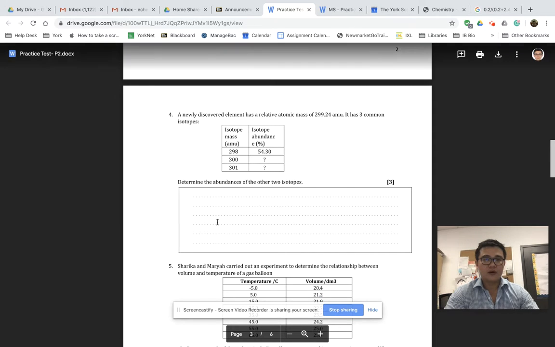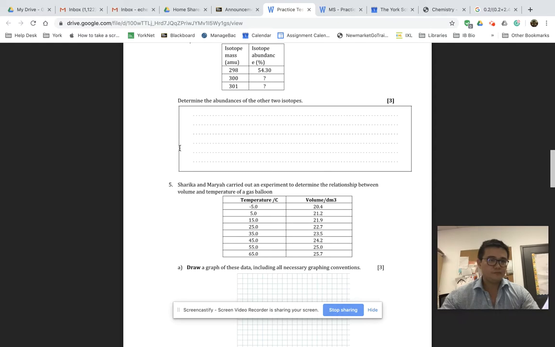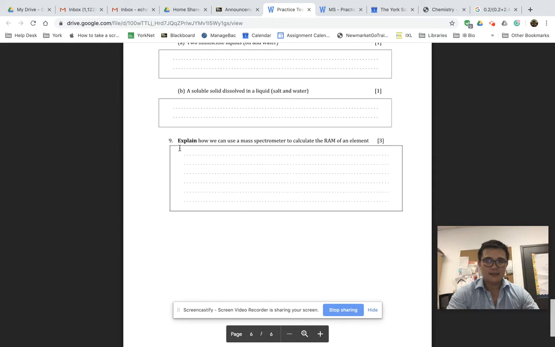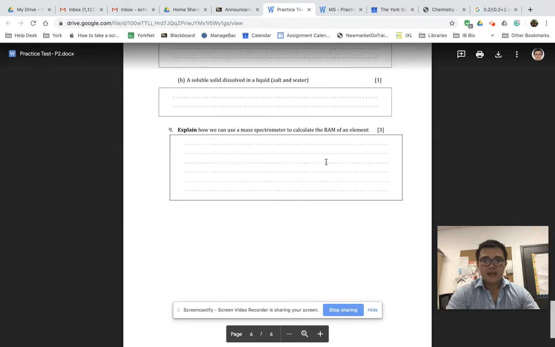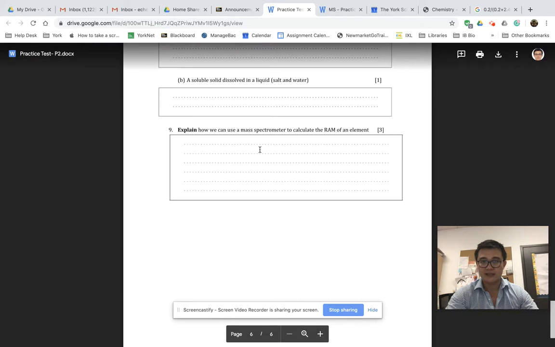Question 4, finding the relative abundance. And the last question, question number 9: explain how to use mass spec to calculate the relative atomic mass of an element. So this question is really about the steps, okay?